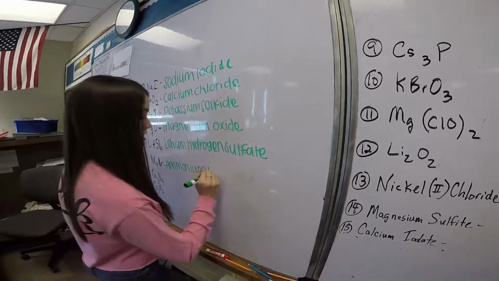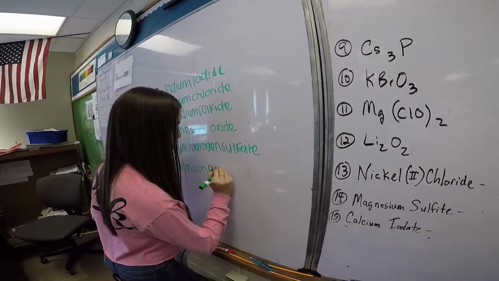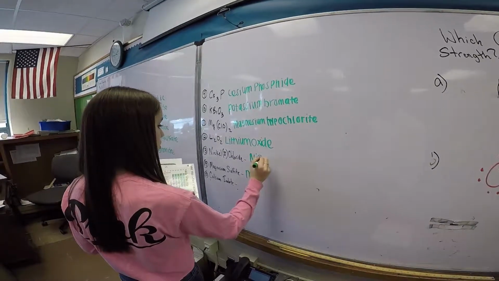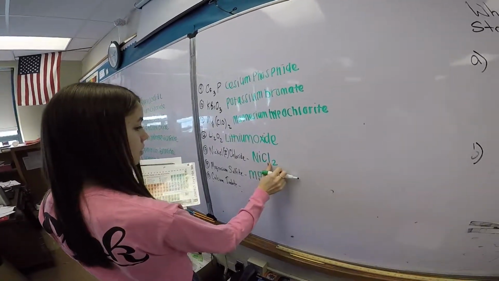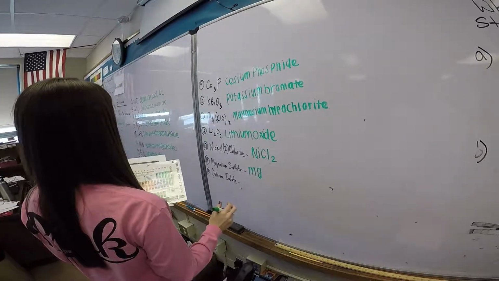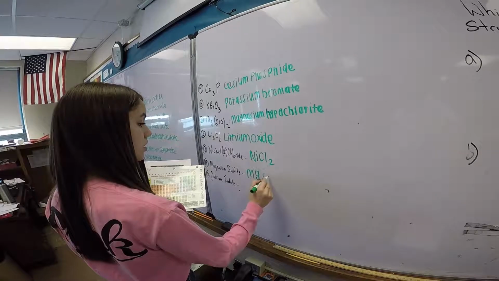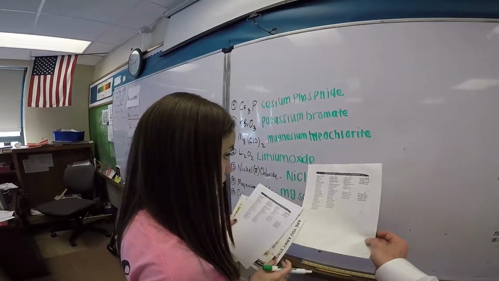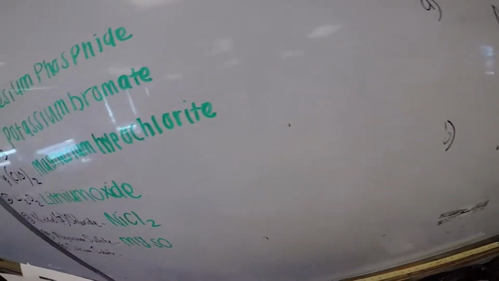Bromide. Because the nickel's too positive, so you need 2 of the chlorines. Look on the sheet right here. The sulfite is on here. See the sulfite right here?